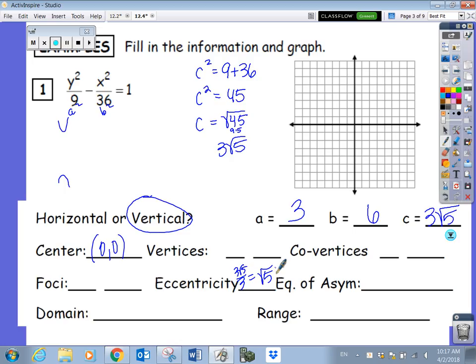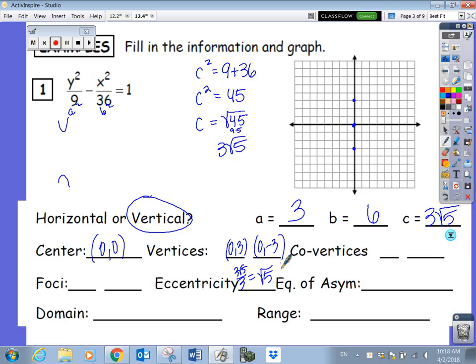And then the rest of it I'm going to find after I graph it. So I have a center of 0, 0. We know it's going to go vertical. This tells me I'm going to move vertically, distance A, from the center up and down. Then I'm going to move 6 left and right. So I'm going to move up 3 and down 3. And those are going to be my vertices. So the vertices are going to be 0, 3 and 0, negative 3.